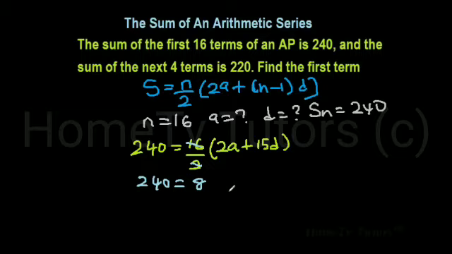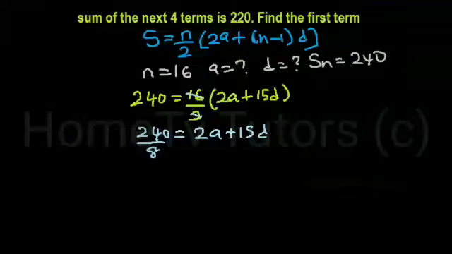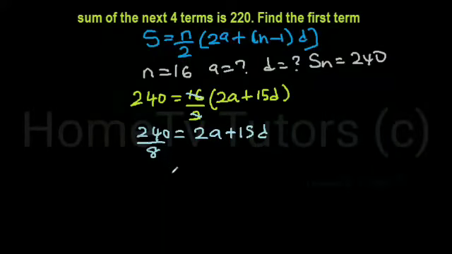Should we just divide both sides by 8? So we don't need to open the bracket. Let's quickly do that. We divide both sides of the equation by 8. So now we have 2a plus 15d. 240 divided by 8, we get 30.